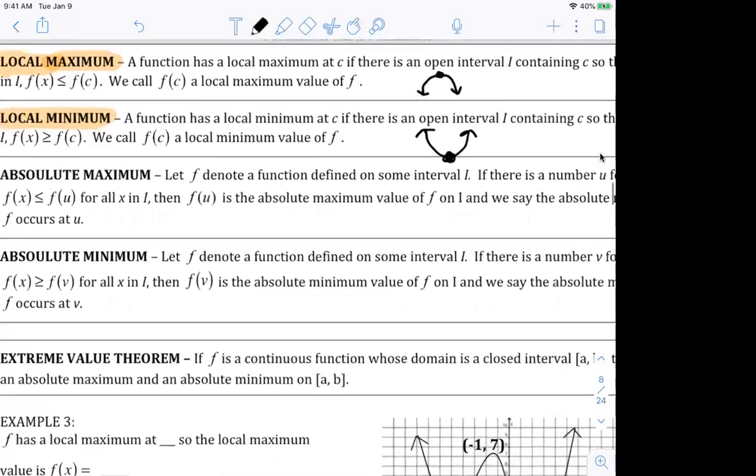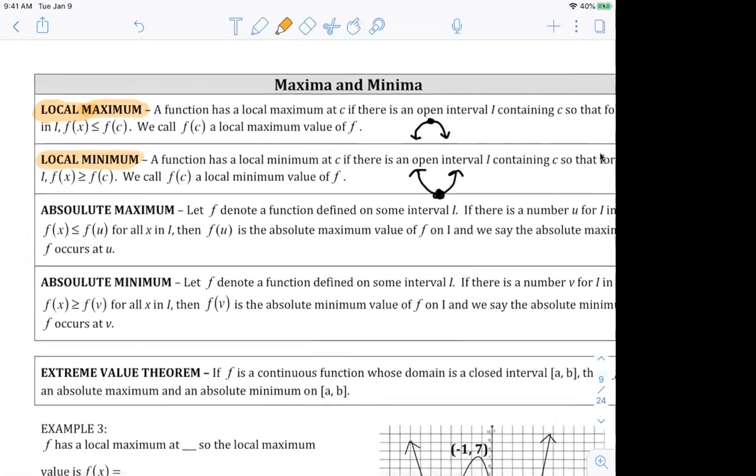And then absolute maximum and absolute minimum. The difference between these is a local one, you can have many of these, and I'll show you graphs where there literally are many maximums and minimums. But for the absolute maximum, the absolute minimum, you're looking at the entire graph. Which one is the lowest point? Which one is the highest point?